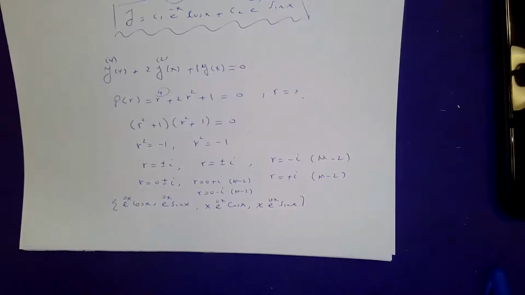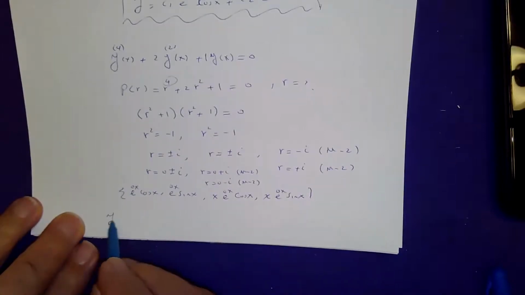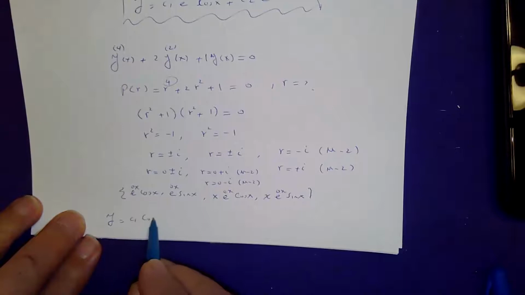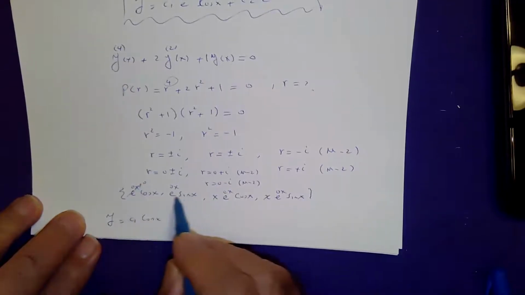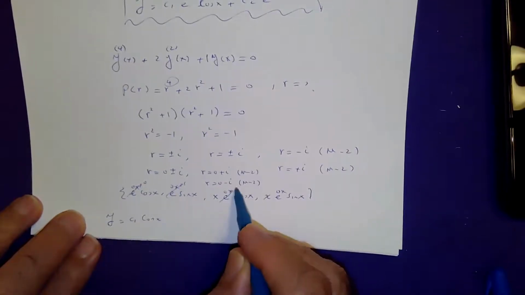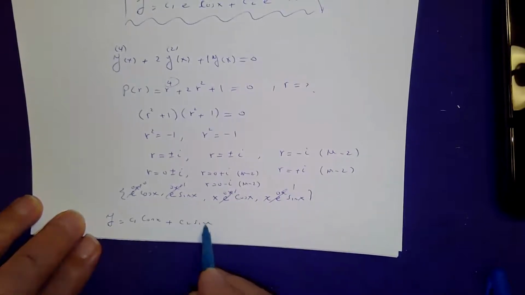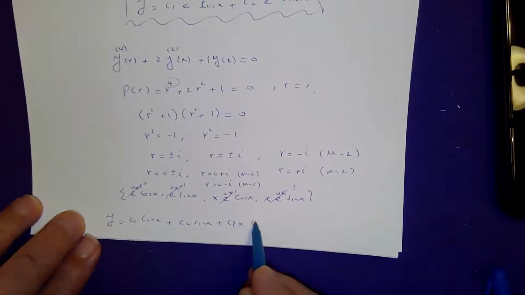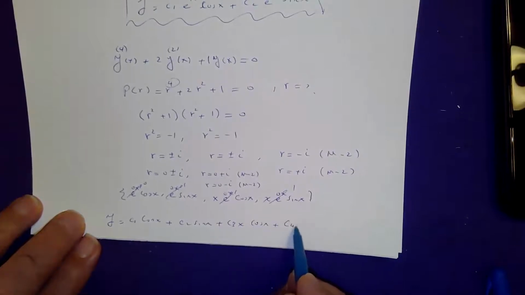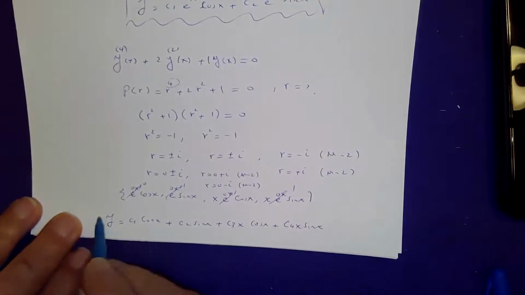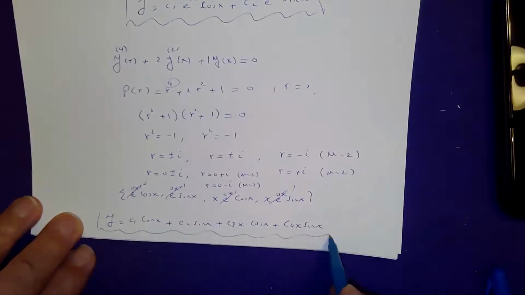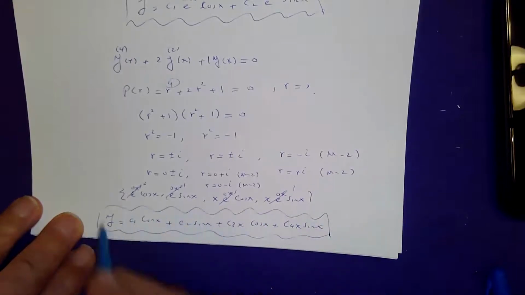There. So the final answer is C1 cosine of x, because the e to the zeros happen to be all 1, plus C2 sine of x plus C3 x cosine of x plus C4 x sine of x. Notice, as I promised, the number of C's in your final answer should match the order of the differential equation.